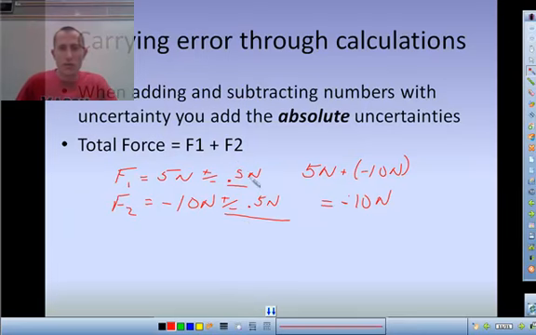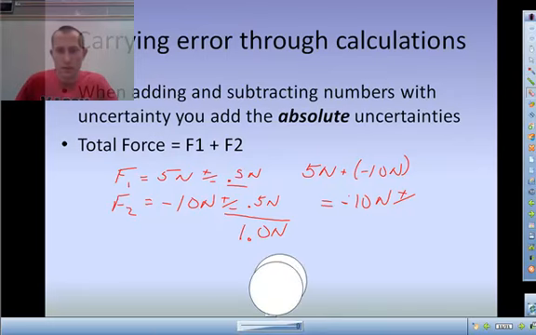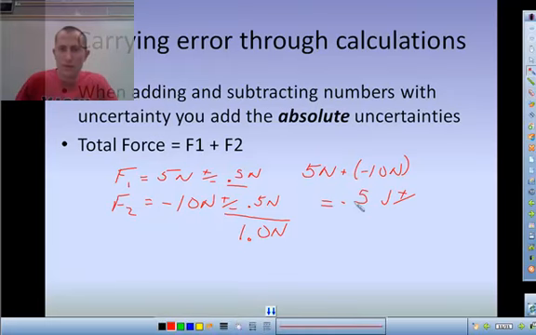So we have 0.5 plus 0.5, so our total uncertainty is 1 newton, and so our final answer here is going to be negative 5 newtons, plus or minus, this is our absolute uncertainty, plus or minus 1 full newton.